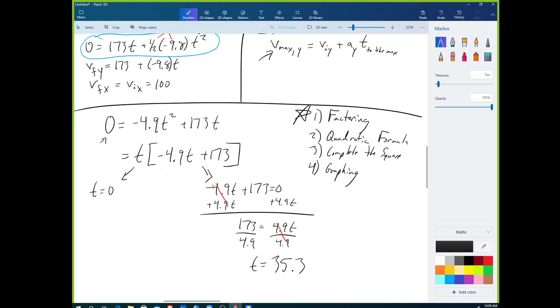And of course, since they're times, they're both in seconds.